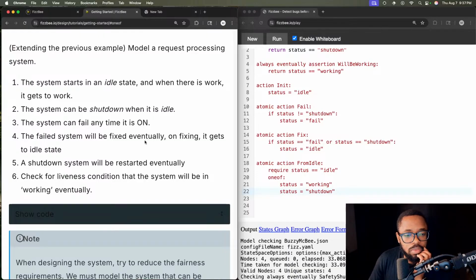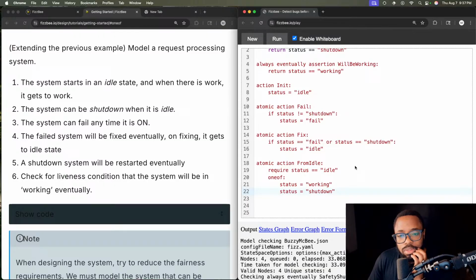the system can fail. A failed system will be fixed eventually. On fixing, it gets to idle state. A shutdown will be restored eventually. So here, wait.